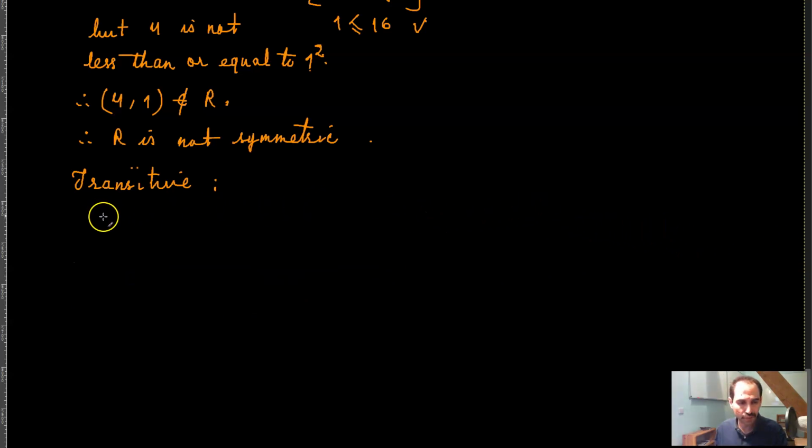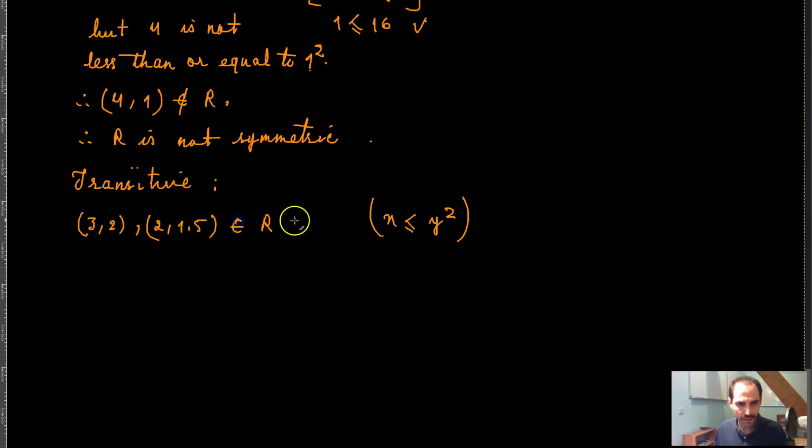3, 2 and 2, 1.5 do belong to R, because the rule that we use for R is that x is less than or equal to y squared. Over here you can see that 3 is less than or equal to 4, and 2 is less than or equal to 2.25, right?